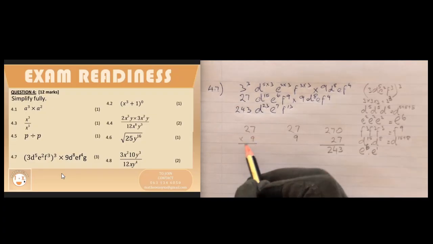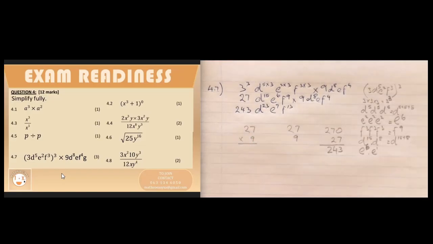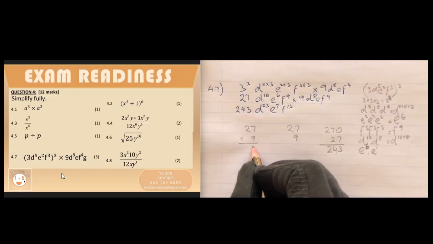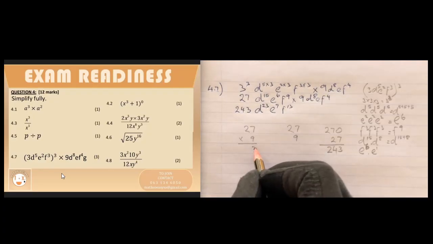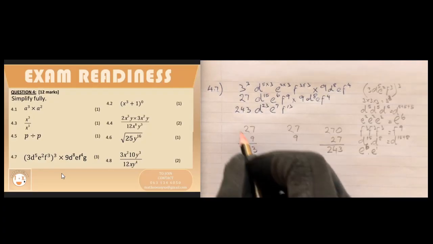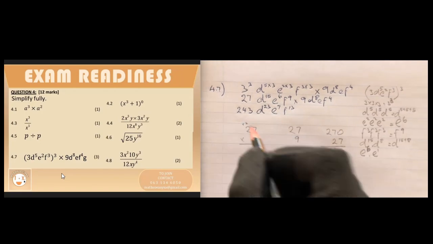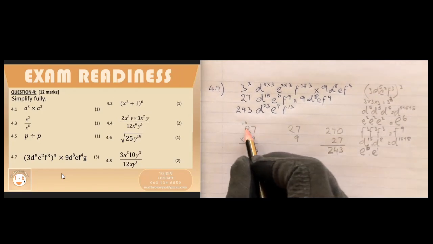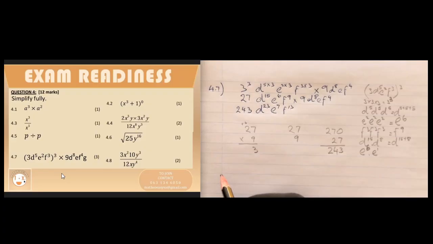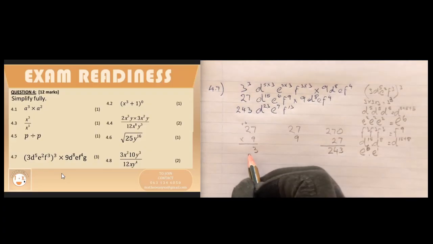Times table, if you are my member from January, we fixed the timetable. 9 times 6 is what? Look at me, I'm saying 9 times 6. 9 times 7, I'm thinking about the 63. 9 times 7 is 63. I carry what? I carry a 6, isn't it? Okay, so I must add a 6 there. Then 9 times 2 is what? 9 times 2 is 18, isn't it?